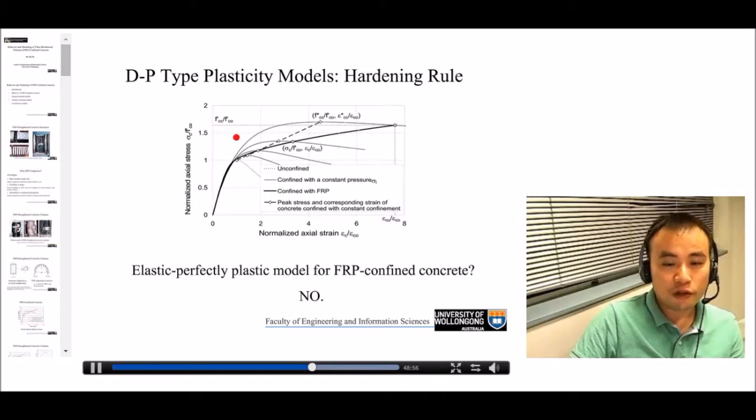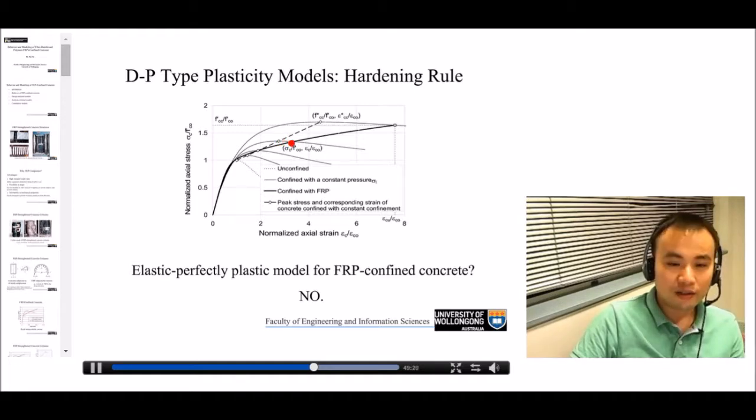Look at this figure. We have seen this before. It's the axial stress strain curve of a group of actively confined concrete and FRP-confined concrete. And we also said that the intersection points of these curves are not necessarily the peak point of actively confined concrete.